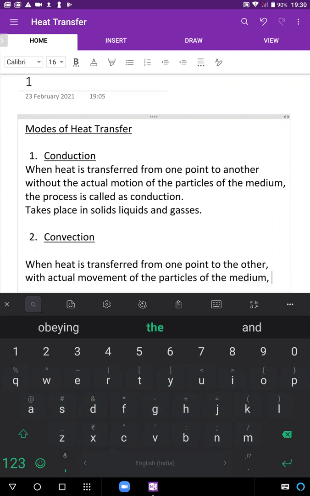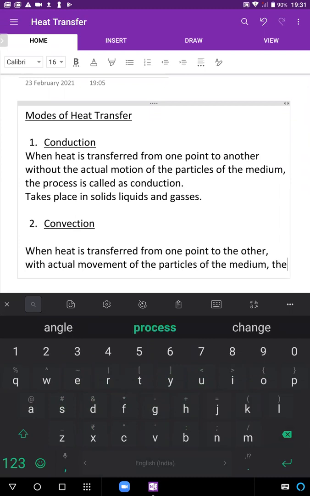Okay? Then the heat transfer process is called convection.